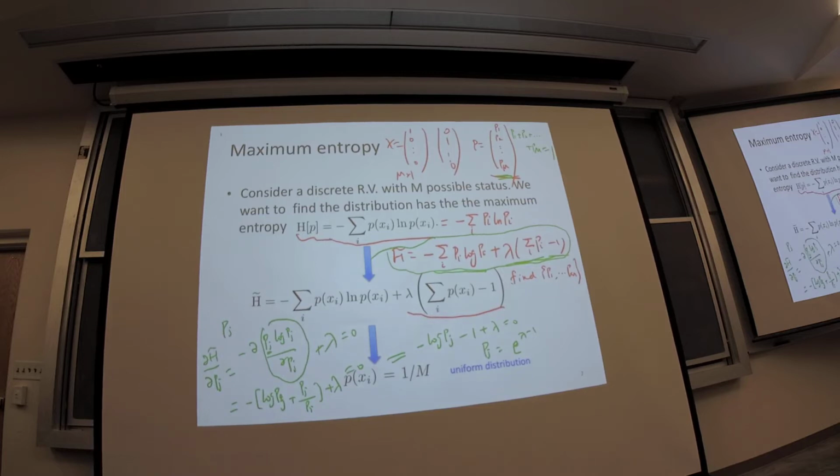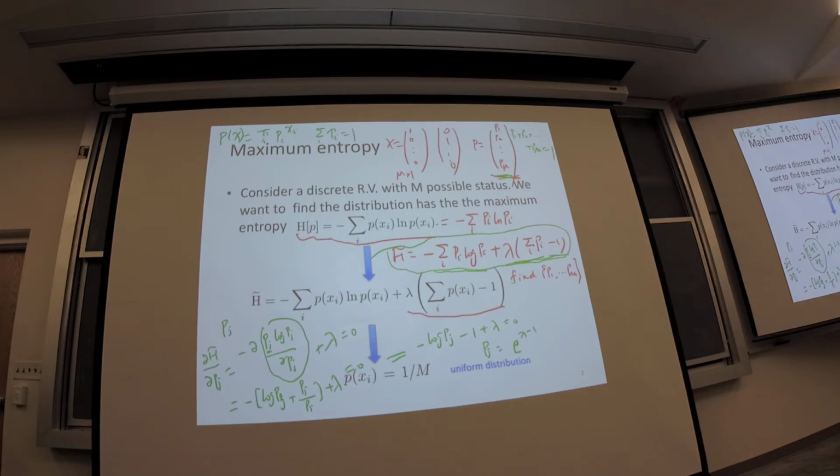If you write down the probability mass of the random variable, it is just the product over all the values it can take, right? This pi to the xi, right? And we must ensure the summation of all those pi to be 1, right?